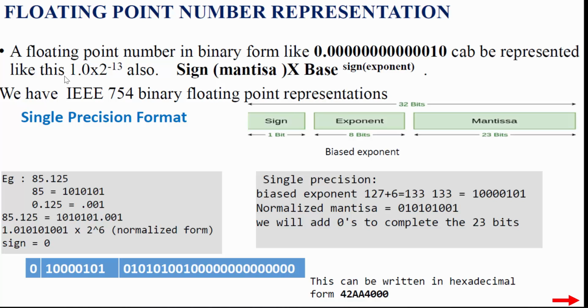And this is again the normalized form of this representation. Its general representation is: sign, mantissa, into base power exponent. We need to represent the sign of the number first, then the mantissa into base power exponent. Along with the exponent, we need to specify the sign.